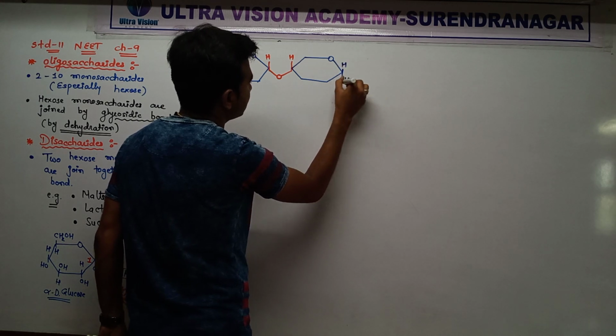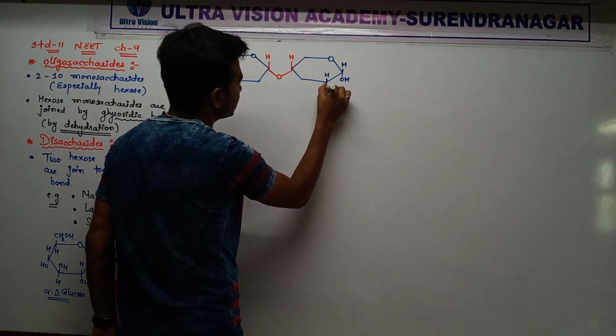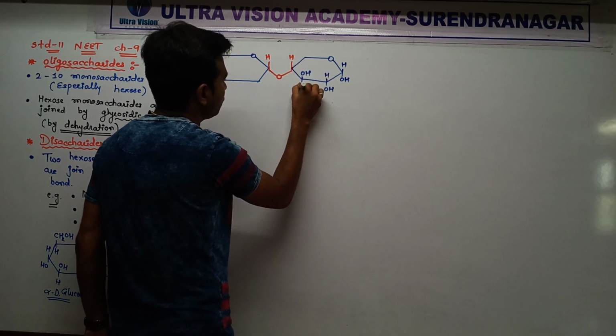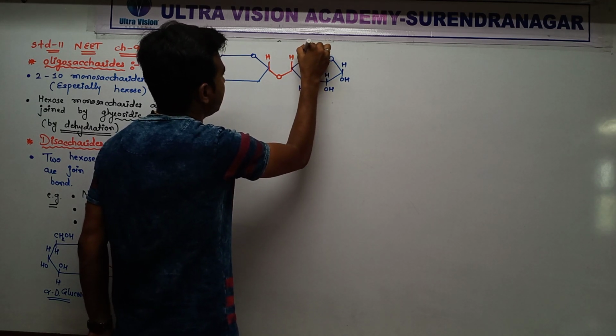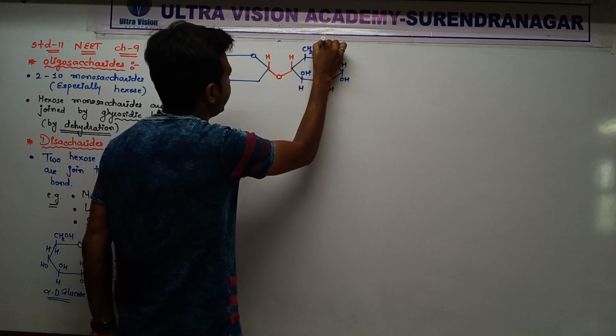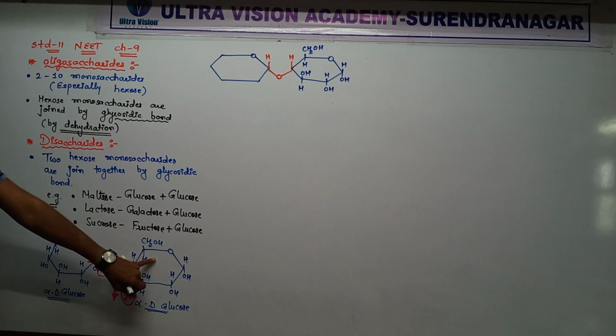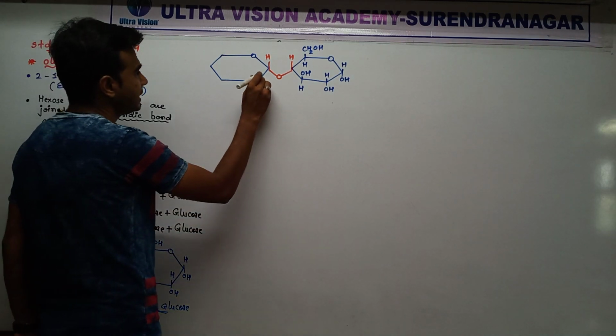So the remaining groups, OH, OH, OH and CH2OH, of this side alpha D glucose, and similarly here.